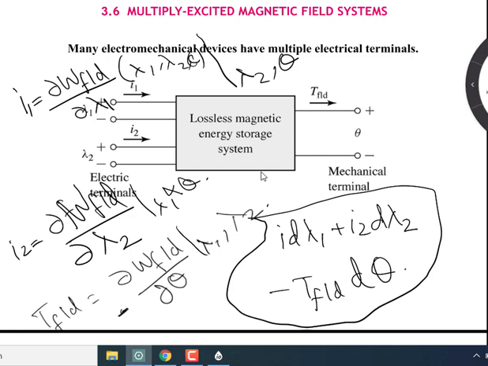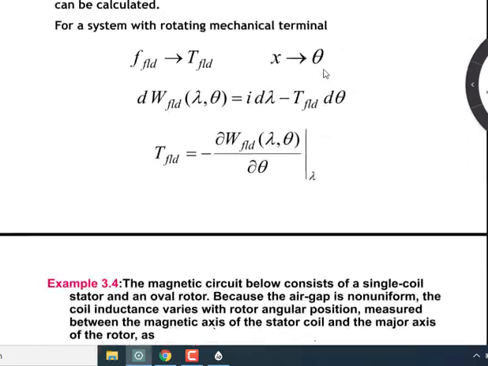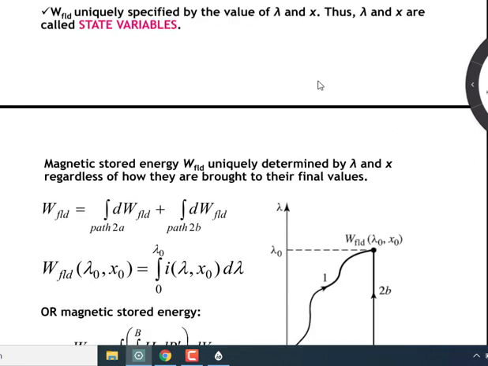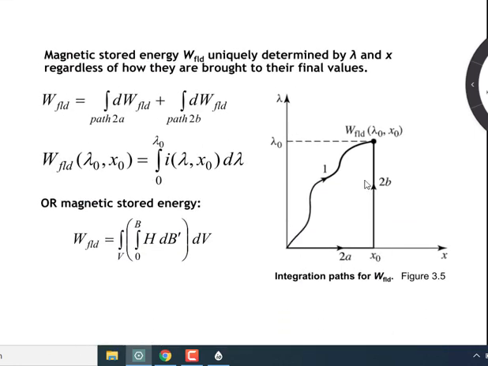So one thing here: that single system is a singly excited system, so it was easy to find the energy. And what we could do there, if you remember, is we considered them as state variables and did pathwise integration, right? For the singly excited system, we had two variables, x and lambda.